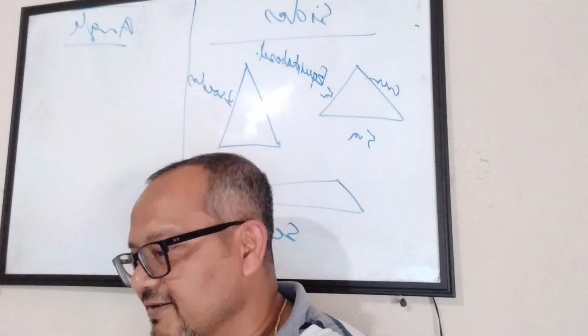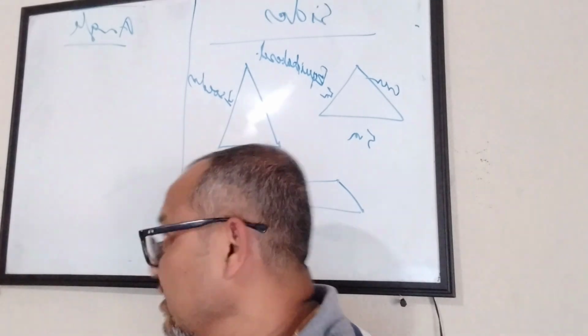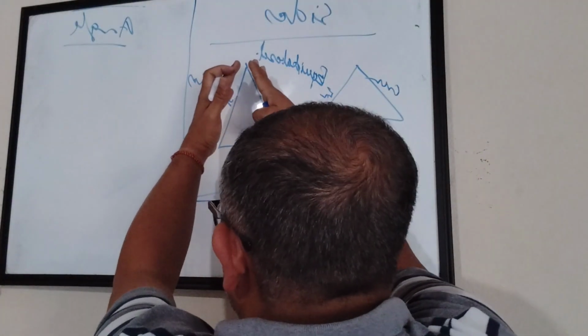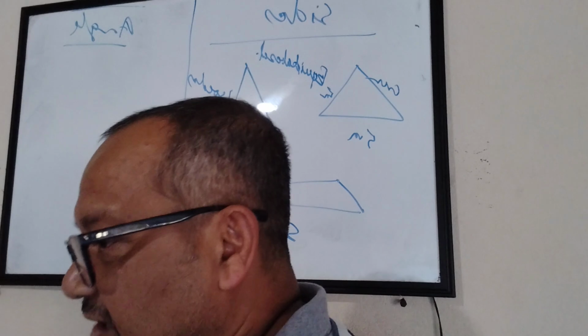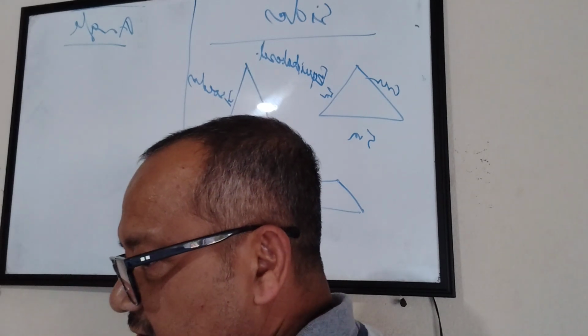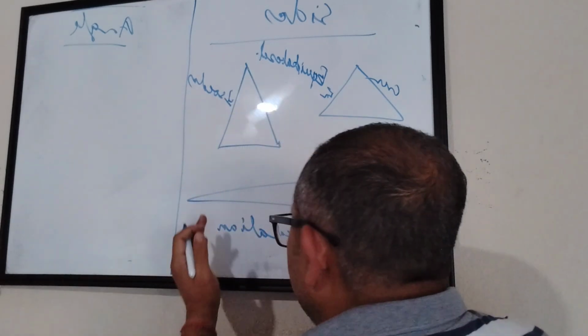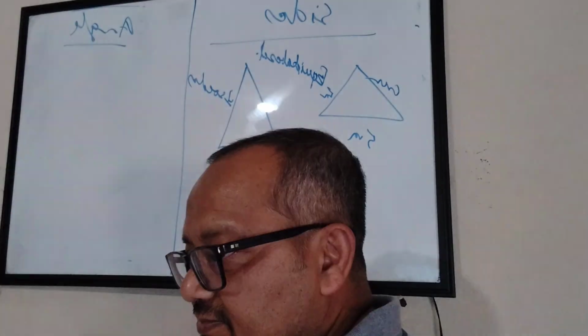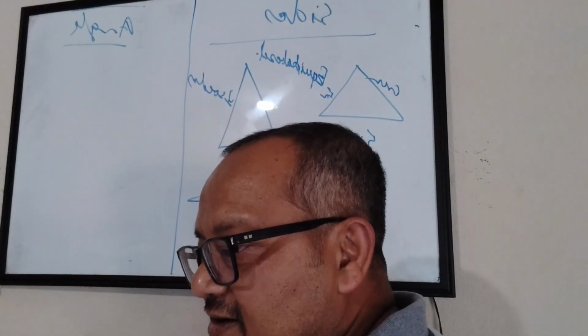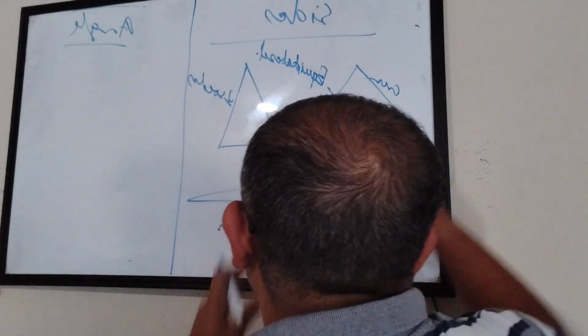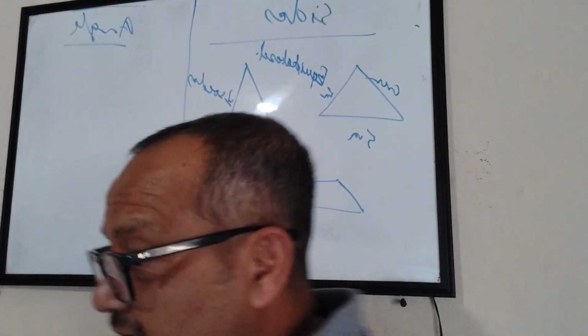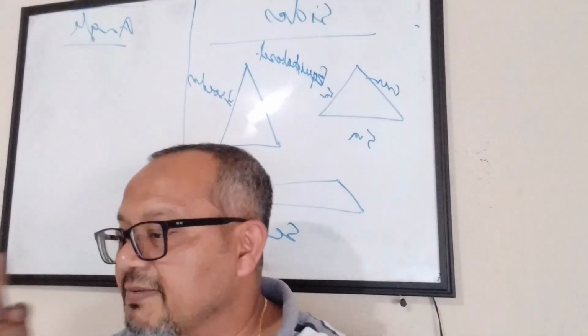Okay. So equilateral triangle when the three sides are same. Okay. When only two sides are same, isosceles triangle. And when all the sides are different, that is called scalene triangle. So by measuring the sides, you can have three types of triangles.